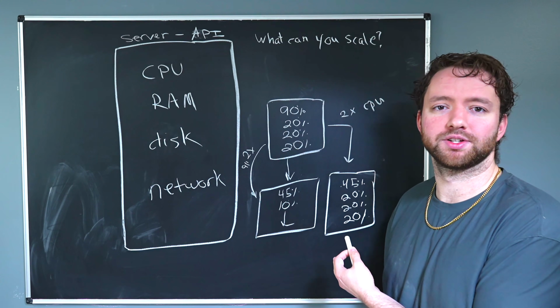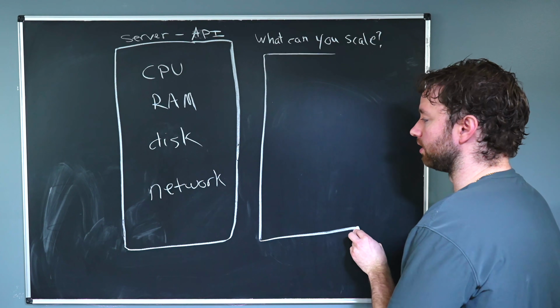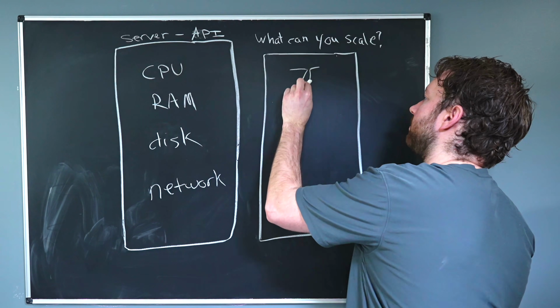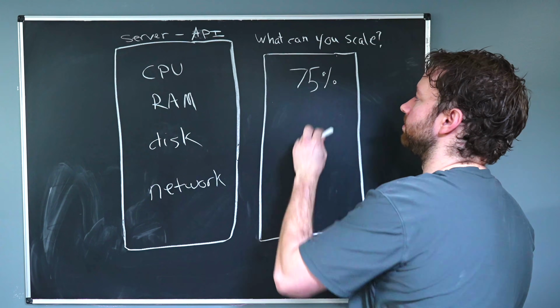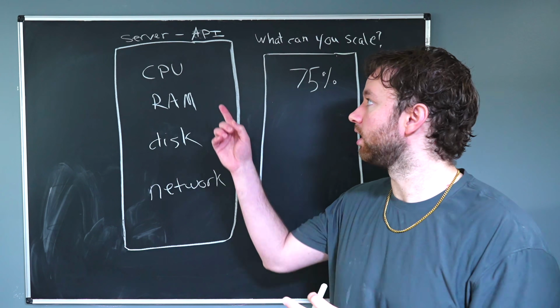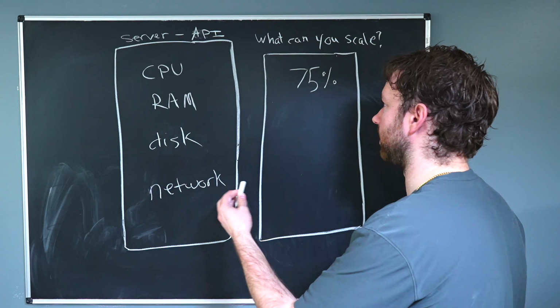So this would be like worst case scenario usage. So let's come up with a pretty good scenario of how we could set this up to not waste any of our money. We might try to get it to where we are using 75% of the available processing power at any peak time. Same thing with RAM, disk, and network.